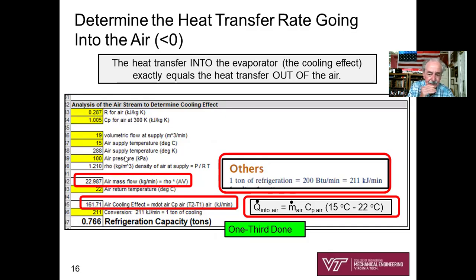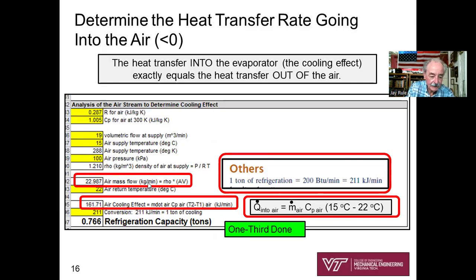No, I think it was. I think it said atmospheric air was at 1 bar. Okay, so air pressure 100 kPa, that's 1 bar. So rho, the density, 1.21 kilograms per cubic meter. And so the air mass flow is rho times AV. AV is 19 cubic meters per minute. Here it is, cubic meters per minute, 19.